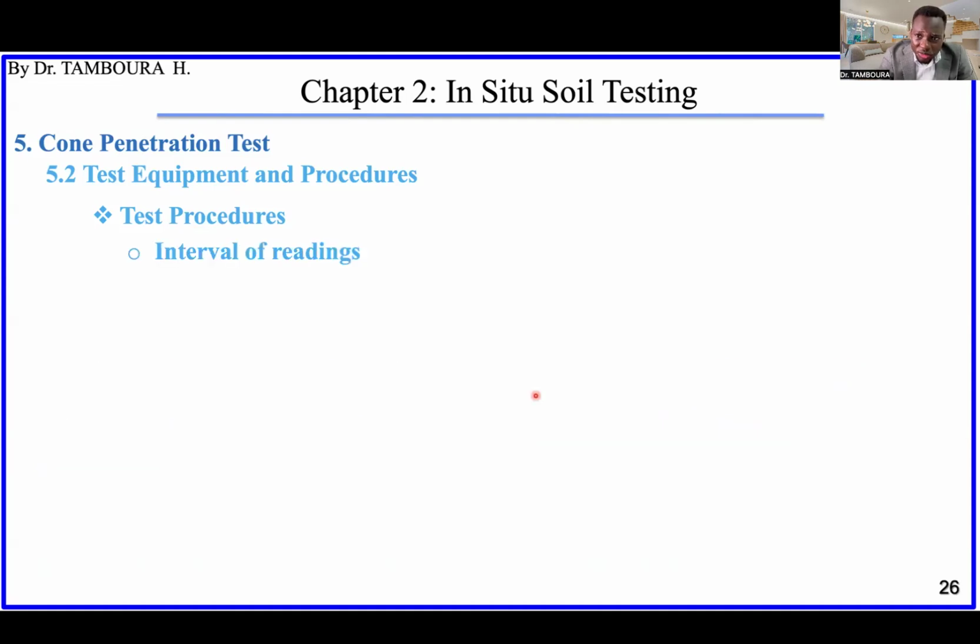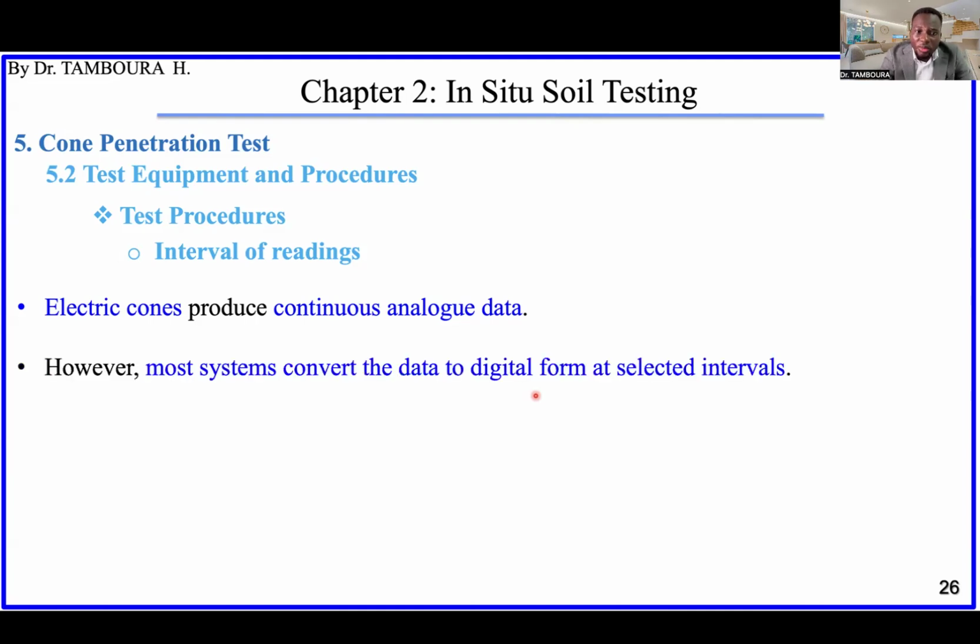Interval of reading. At what interval are you sampling the data? The electric cone, for example, allows us to obtain continuous analog data. However, most systems convert the data to digital form so that you can read it, and for that, you need a selected interval.